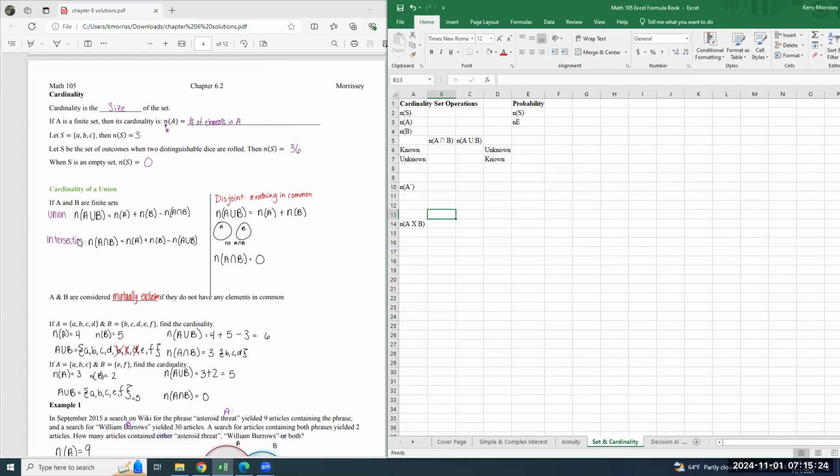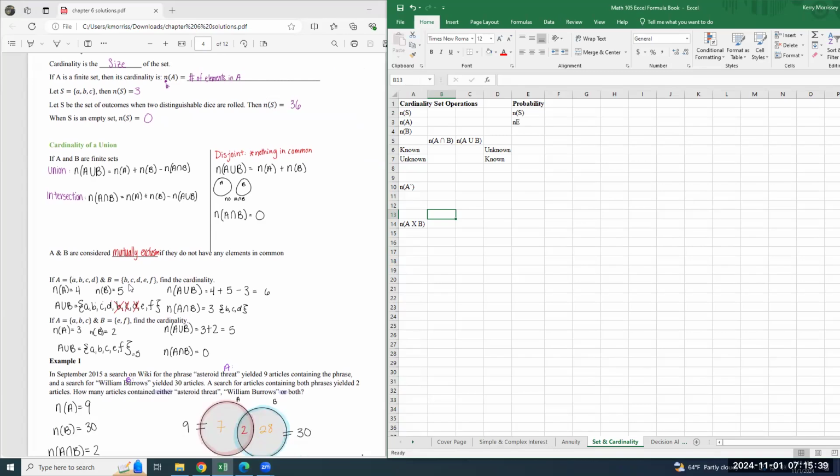So we had these two equations to start. We had union and intersection, which have these equations, given that you know N of A, N of B, and either or. Let's take this really quick example. We said N of A. In set A, we have A, B, C, D, so we have four terms here.